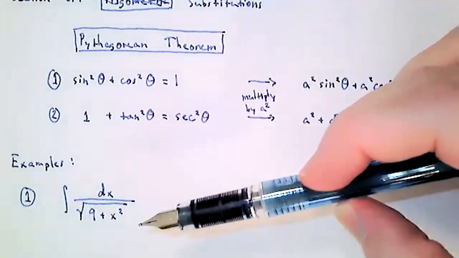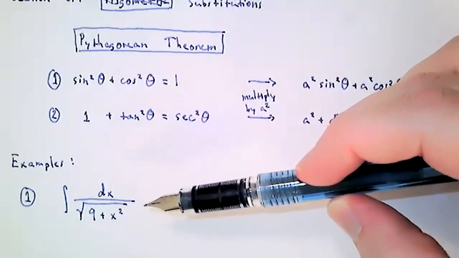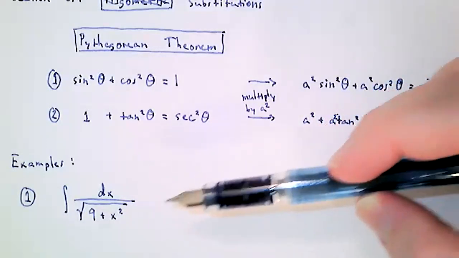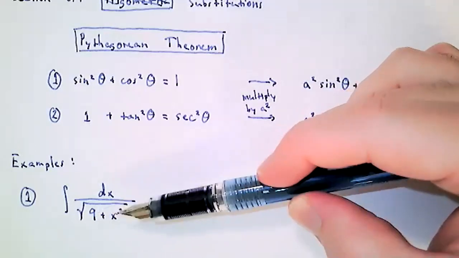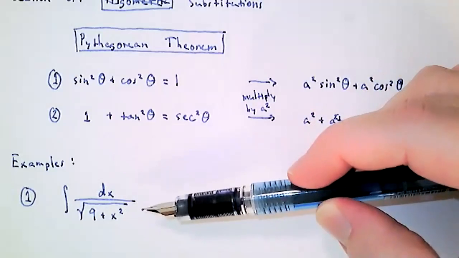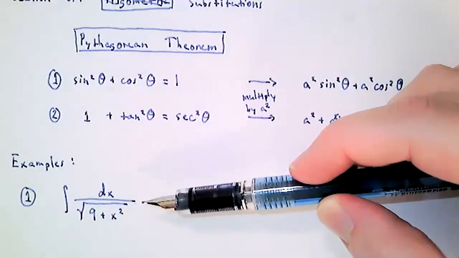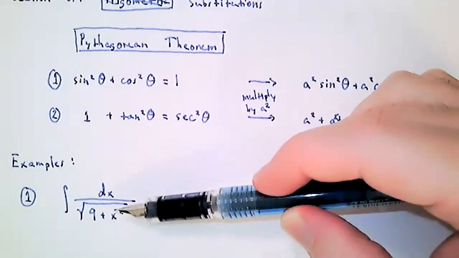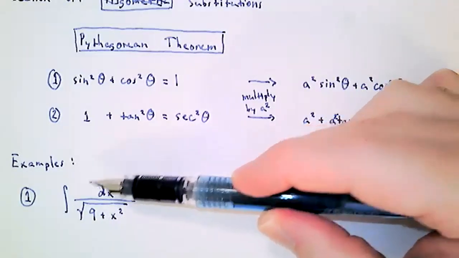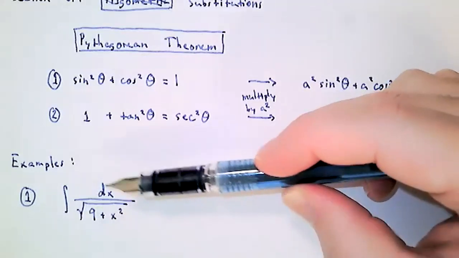The first technique that comes to mind for an integral that looks like this would probably be a u substitution of some sort, and probably you would pick u equals 9 plus x squared, and then du would be 2x dx. So the u is fine, but when you try to look for your du in your integrand, you're going to be out of luck.